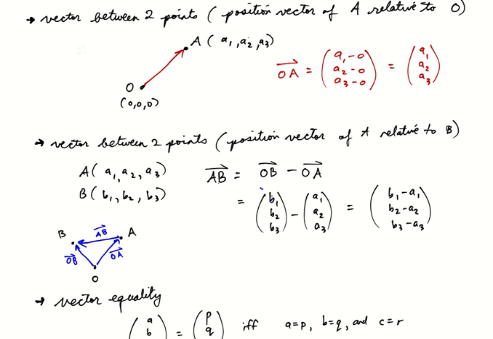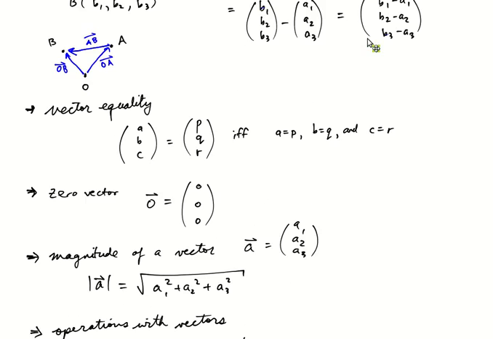Okay, so it's really just doing OB minus OA. So we know this already. The only thing that's new sort of is that we take the z components, and we subtract those to get the final z component.